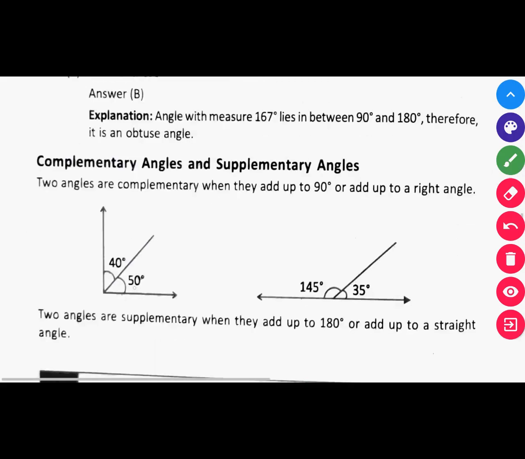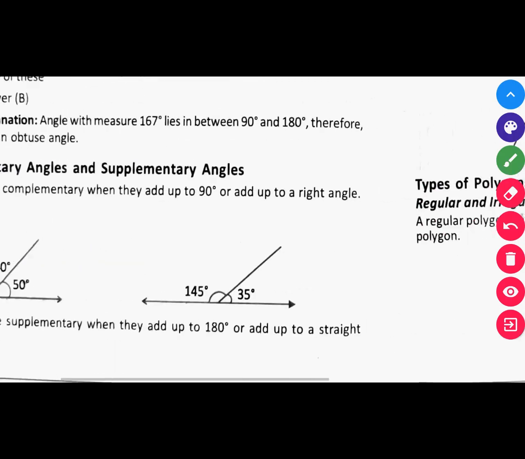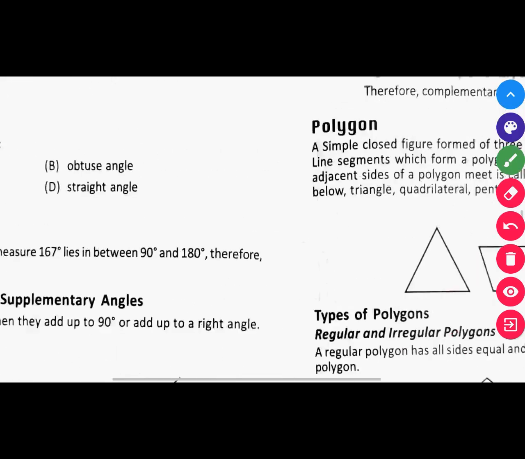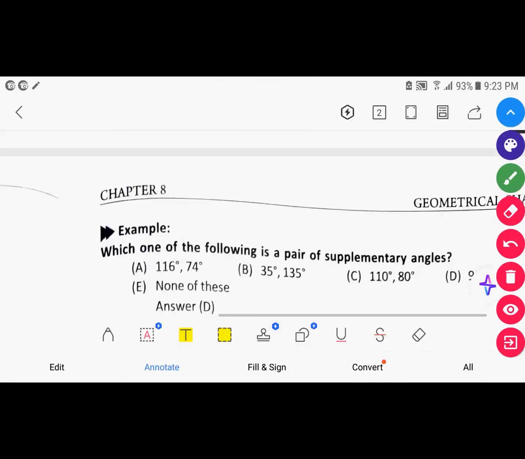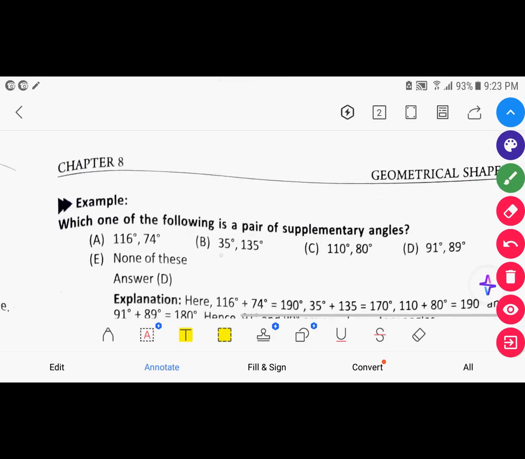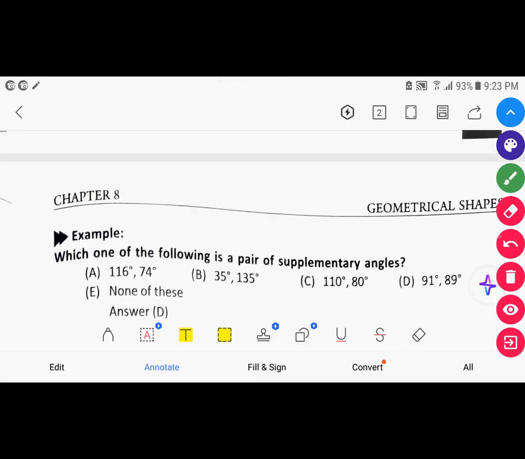Two angles are supplementary when they add up to 180 degree. So add everything in these examples. If the total is 180 degree, then that pair is supplementary.